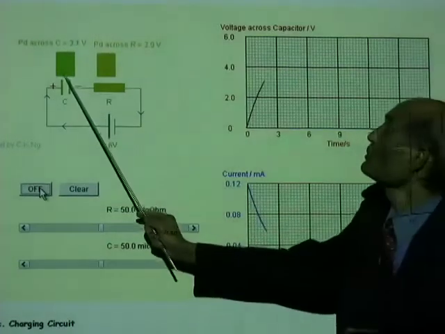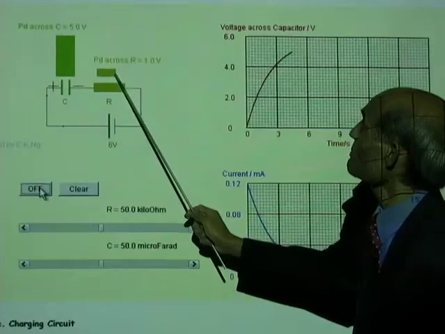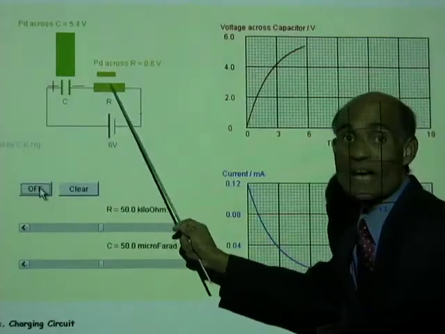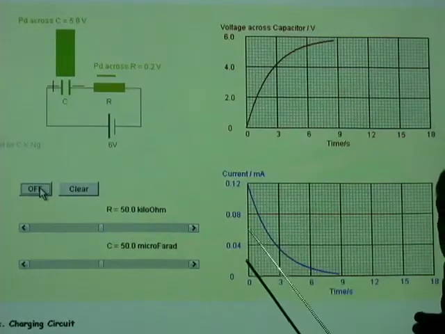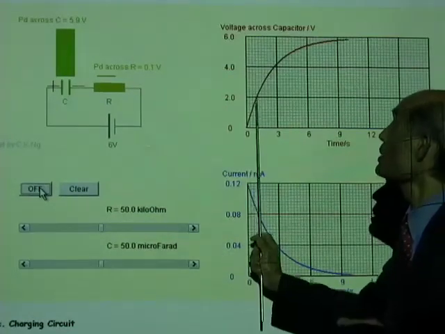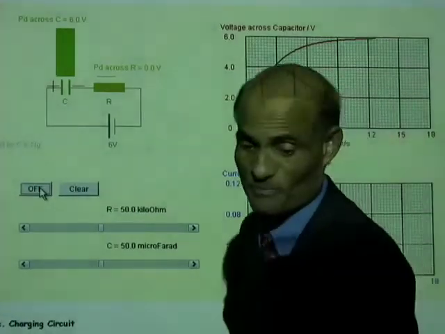The charge grows on the capacitor. The potential drop across the resistor decreases, showing that the current is decaying. So the current in the circuit decays, the voltage grows along with the charge.